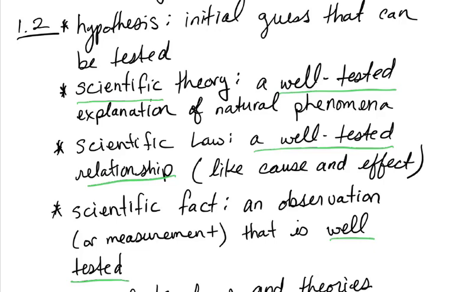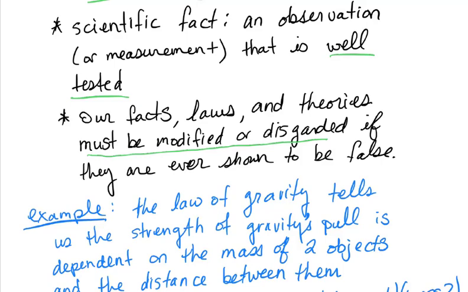An example of a scientific fact might be the acceleration of gravity. Objects near the surface of the Earth are pulled down with an acceleration of 9.8 meters per second squared, and the scientific law would explain why that happens. Now, our scientific facts, laws, and theories must be modified or discarded if they are ever shown to be false.